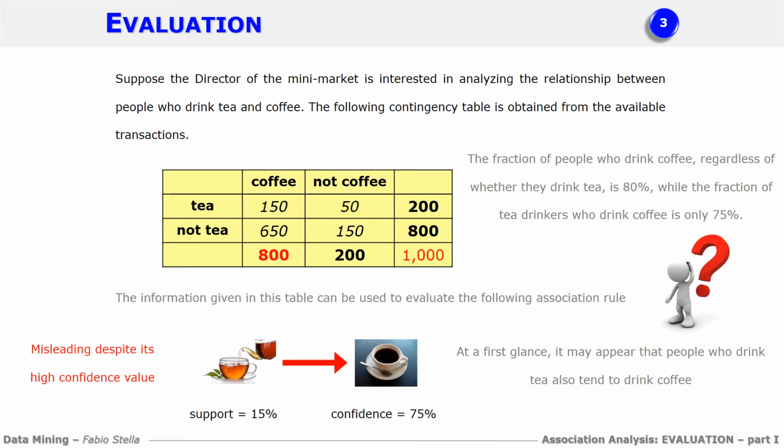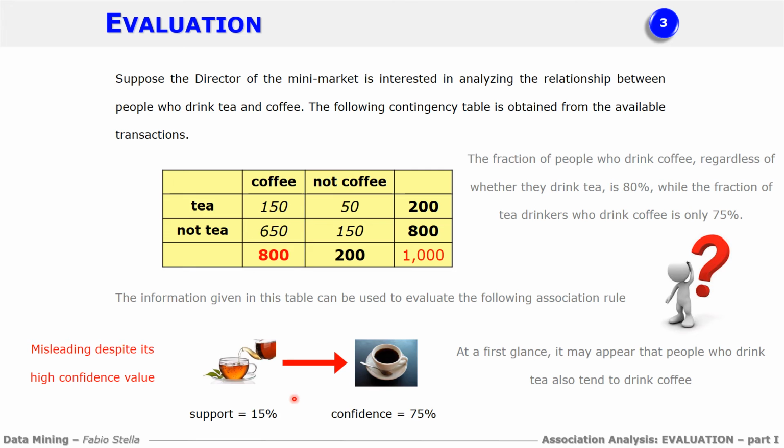On the basis of what we have just observed, we conclude that judging the interestingness of an association rule using confidence can be misleading. Indeed, this association rule is misleading despite its high confidence value, which is equal to 75%.